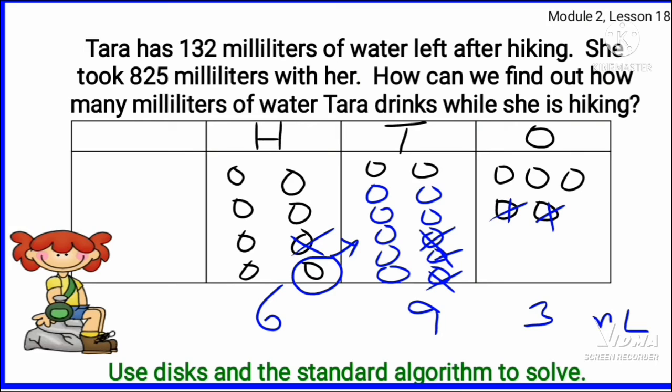You can see it in my tens column. Now that I have 12 tens, I can easily remove the 3 tens. And when I did that, I have 9 tens left. I removed the 100, so I now have 693 milliliters. That is the quantity of water that Tara drank while she was hiking.